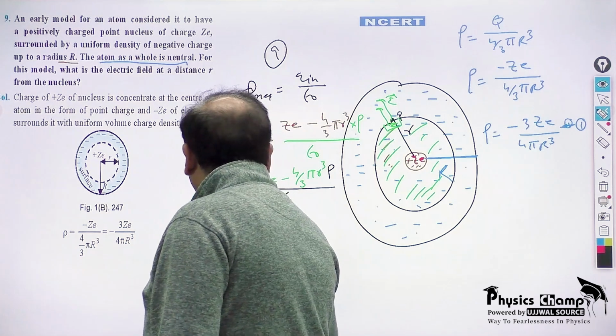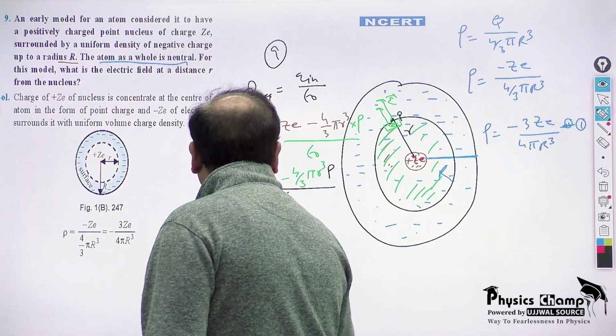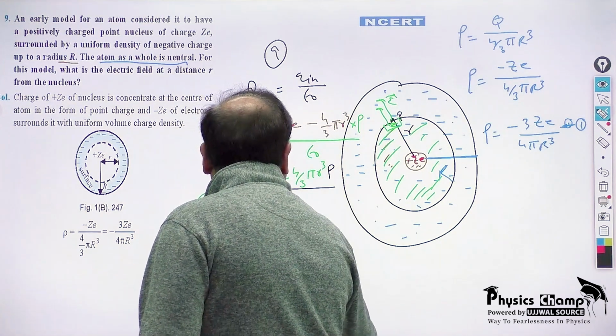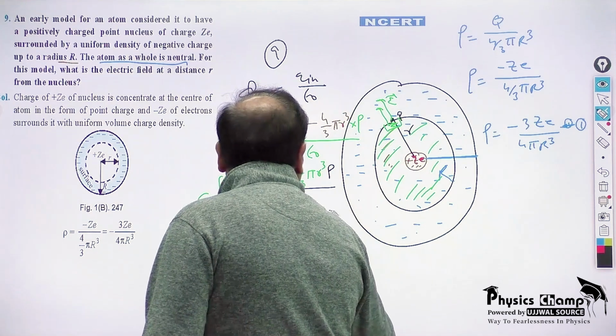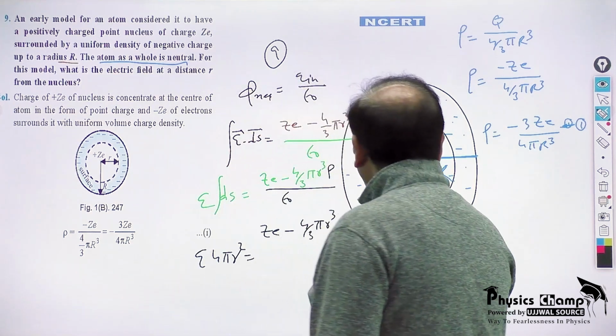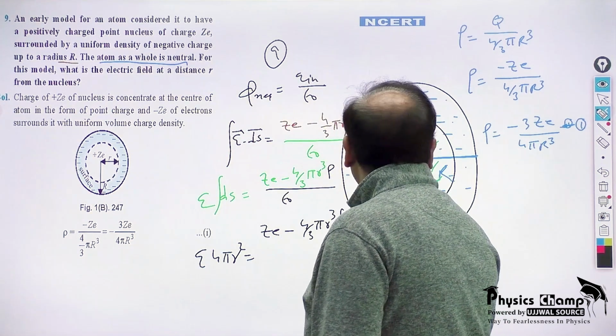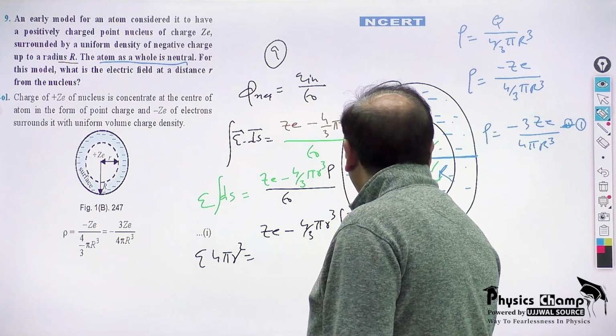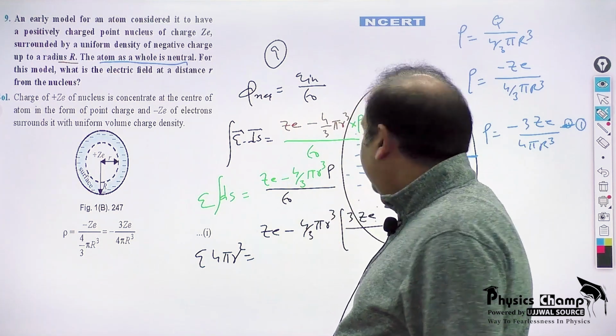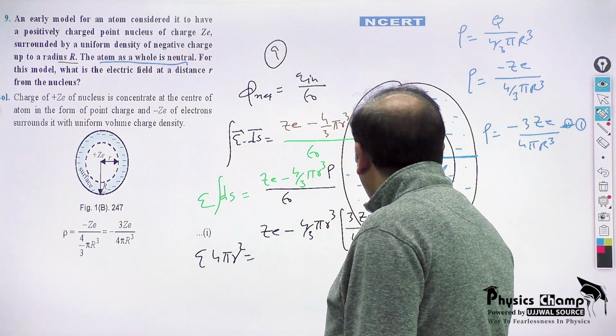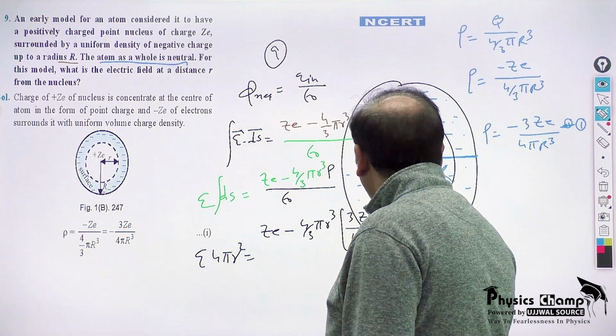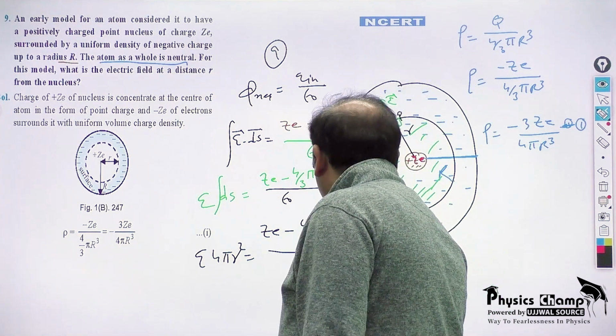Now E into 4 pi small r square will be Ze minus 4/3 pi r cube, and the charge density is what? 3Ze, I have already taken the negative sign, by 4 pi capital R cube, by epsilon naught.